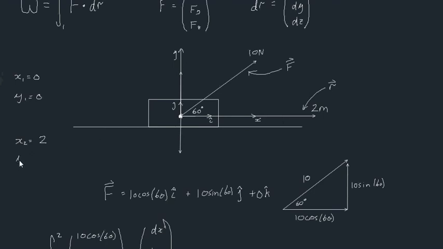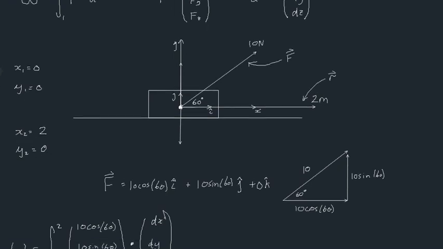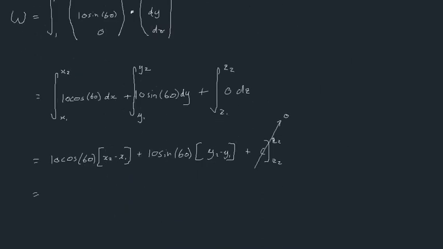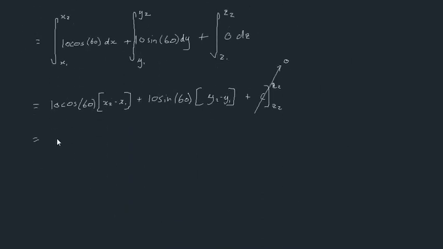And y2, let's see what's y2. It hasn't moved vertically at all. There's been no change in vertical displacement. Consequently, y2 is going to be 0. Keeping this in mind, let's evaluate what we had below. This will evaluate down to 20 cosine 60, still haven't evaluated that cosine yet, plus 10 sine 60 times 0 minus 0, which is just 0.